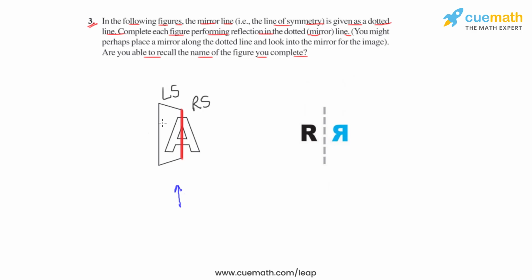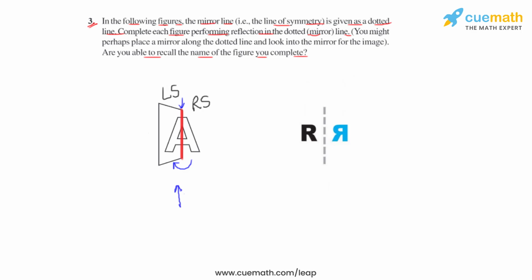So this is how mirror reflection works, and we can see that if this shape is folded along this line, both the left side and the right side of the shape will coincide, making this red line the line of symmetry.